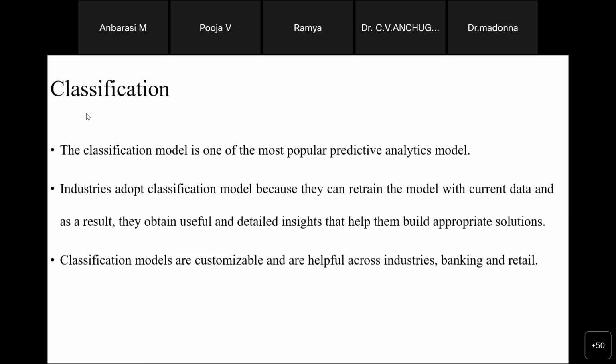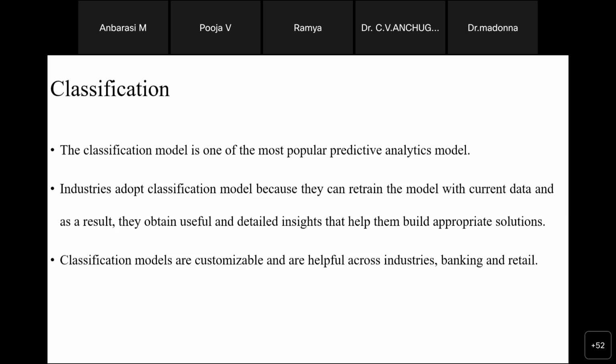So that we can call it classification techniques. In most of the industry, they adopt the classification model. Generally, they retrain the model with the current data, and then they try to get solutions so that for the upcoming data, the new data also, they are able to predict.